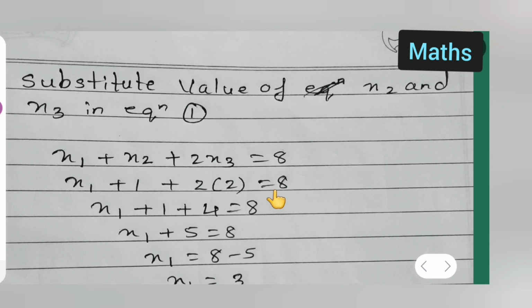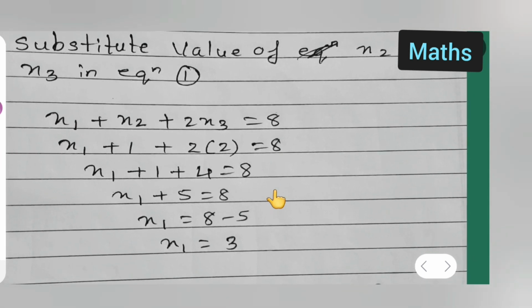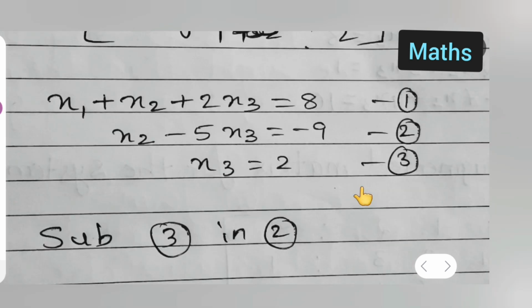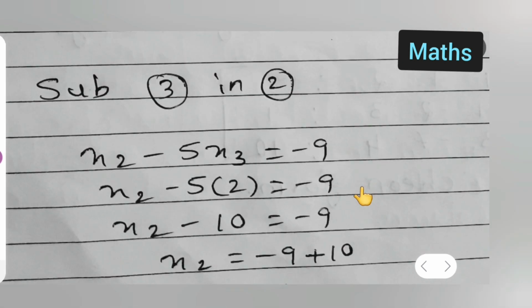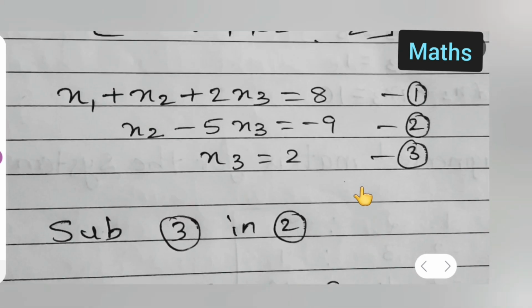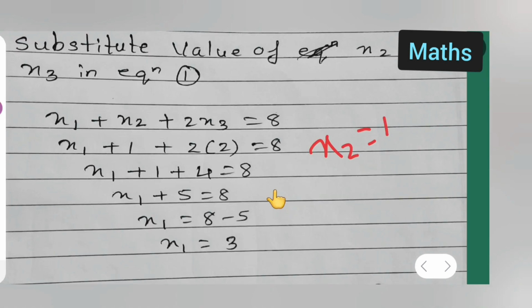So what did I get for x2? 1, right? So x2 is 1 and x3 is 2, right?